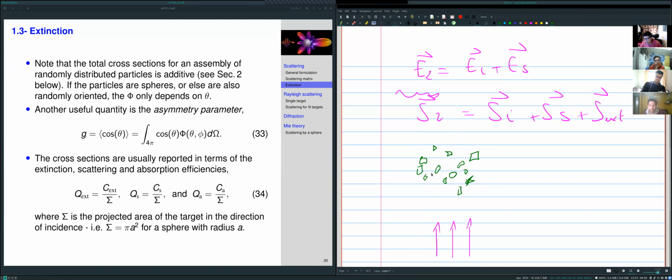And if it's a homogeneous average, on average, there is no preferential direction. And so all that matters for scattering is this angle, theta. So that would be EZ, that would be ER. This angle theta is all that matters for scattering if this is a homogeneous mix, or if they're all spheres.